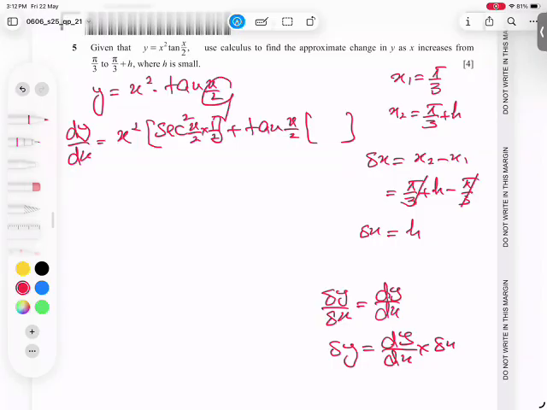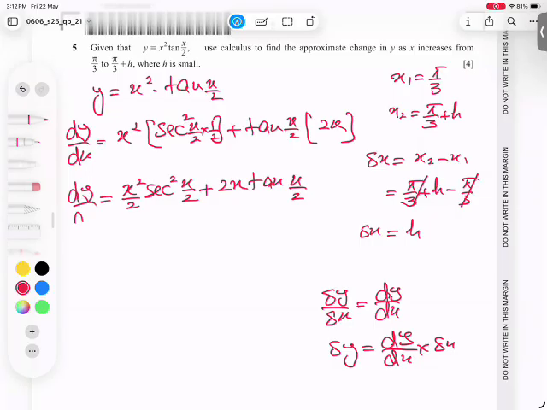Half comes from the angle's derivative. And x square differentiation is 2x. So I'm simplifying. So I'm writing x square by 2 secant square x by 2 plus 2x tan x over 2. Now I'm going to plug in the value. Which value do I have to plug in?